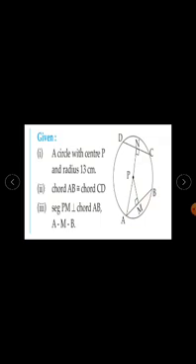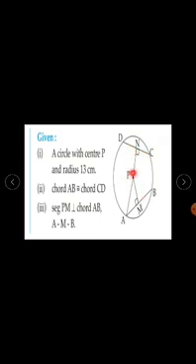Chord AB is congruent to chord CD. It is given, two equal chords. Segment PM is perpendicular to chord AB such that A-M-B, and segment PN is perpendicular to chord CD such that C-N-D.